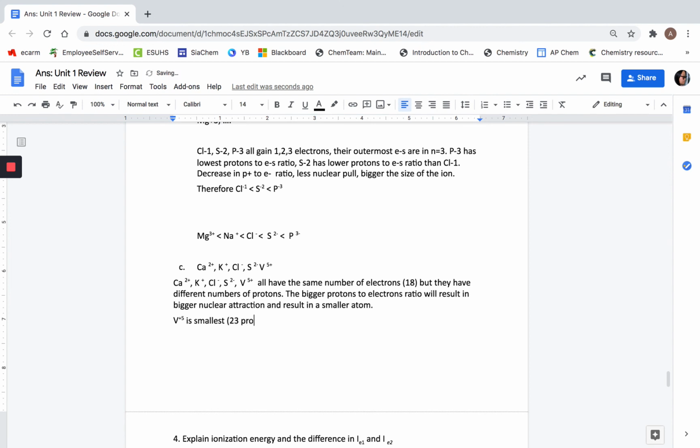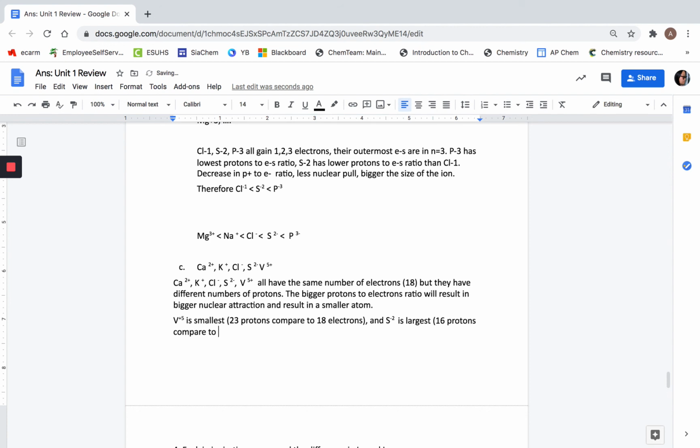It has 23 protons compared to 18 electrons. And S2- is largest, with 16 protons compared to 18 electrons.